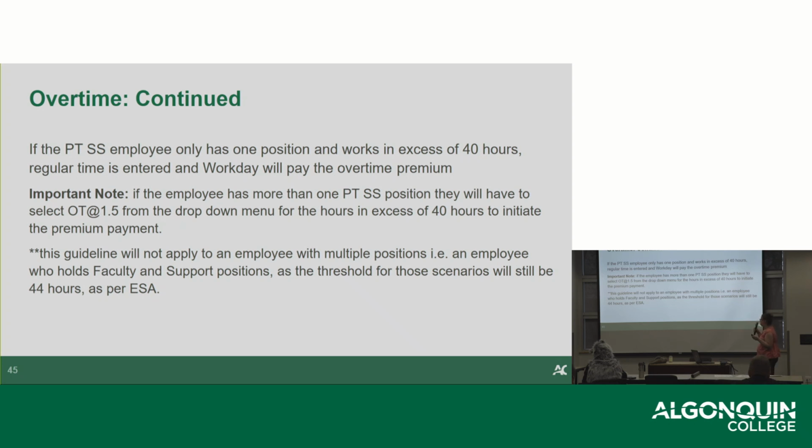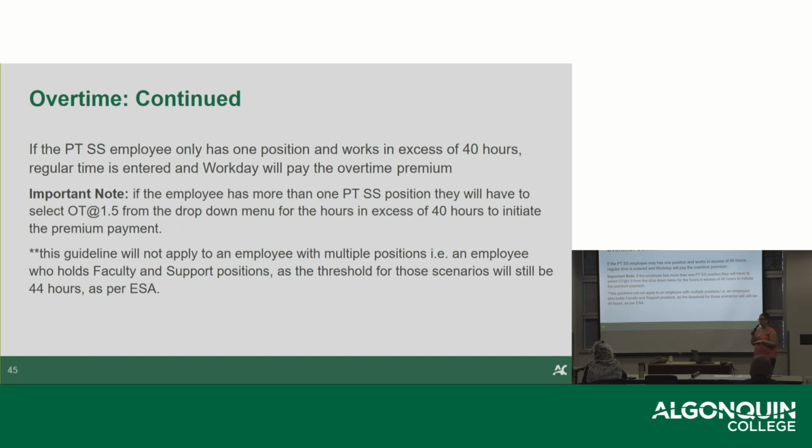So they may have questions about that. It is something that they will see as an option in the drop-down menu, and they do know the entitlement from their collective agreement, but if you're seeing any hours come through over 40 at regular, it might be because they didn't know to select overtime from the drop-down menu, so just something to look at. There is a screenshot on the next slide as well, so I'll show you what it looks like.